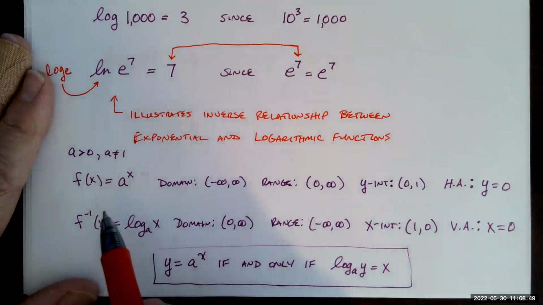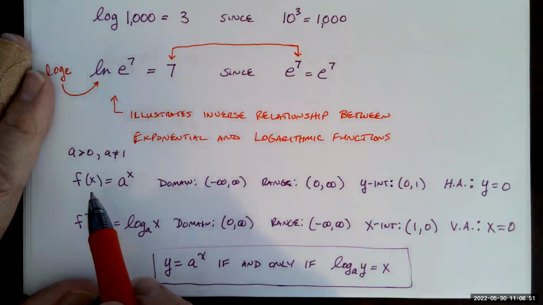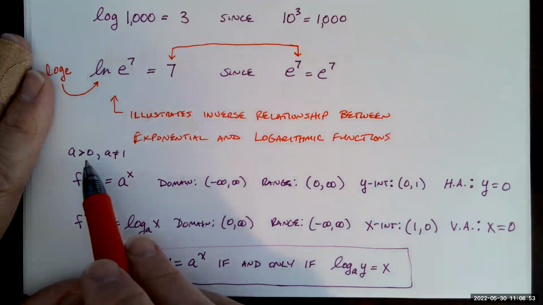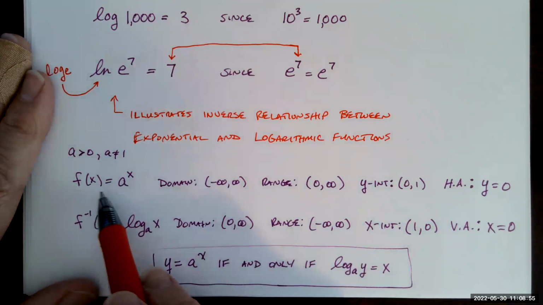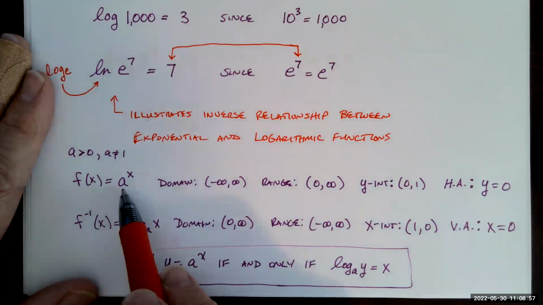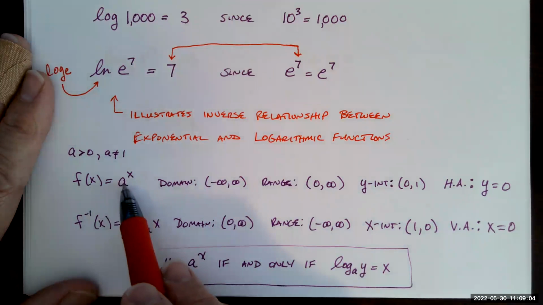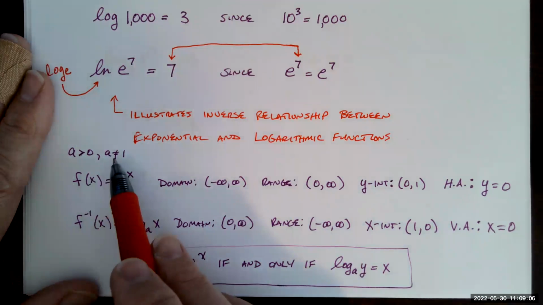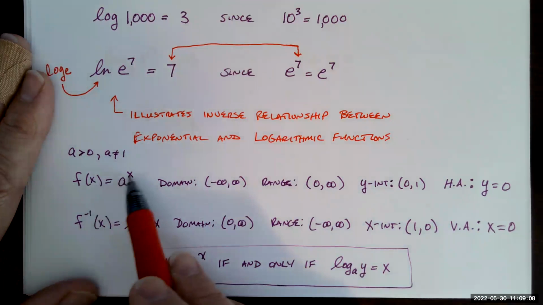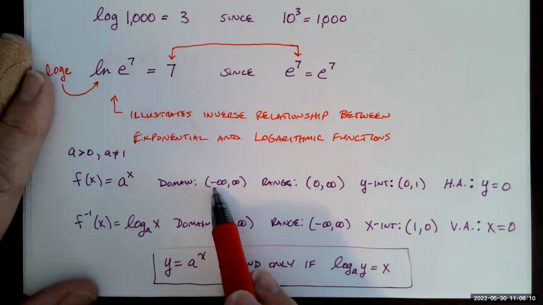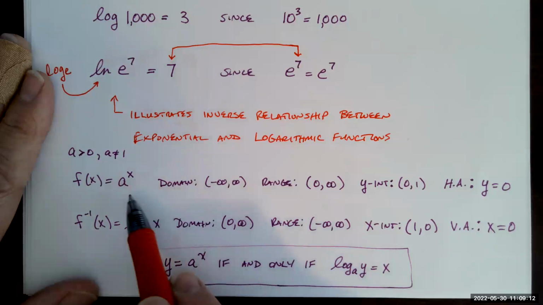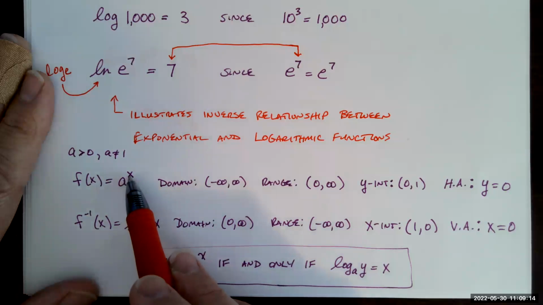So let me just briefly give you the rundown of those two types of functions. For any base a that's positive and not equal to 1, this is the exponential function with base a. Notice we're inputting to this function an exponent. The domain of such a function is all real numbers, and that means I can take any real number as an exponent, be it positive or negative or fractional.